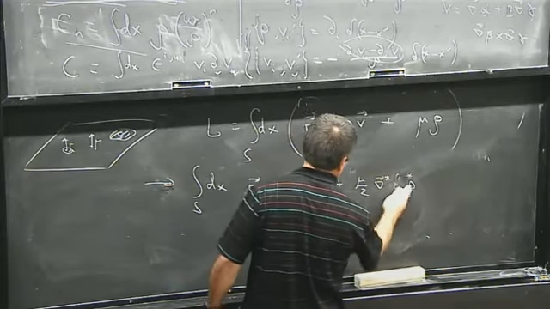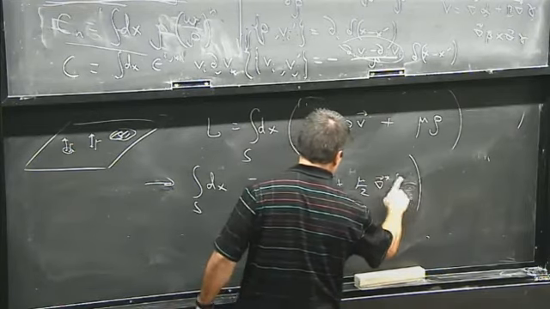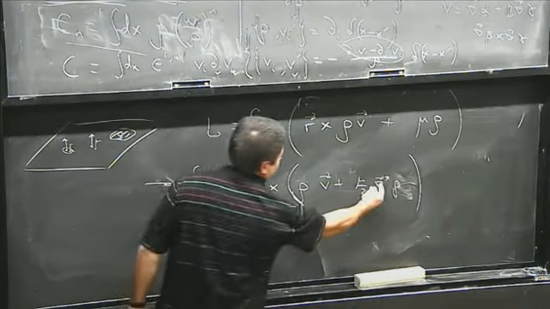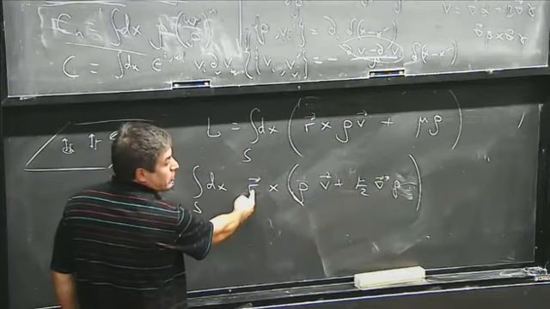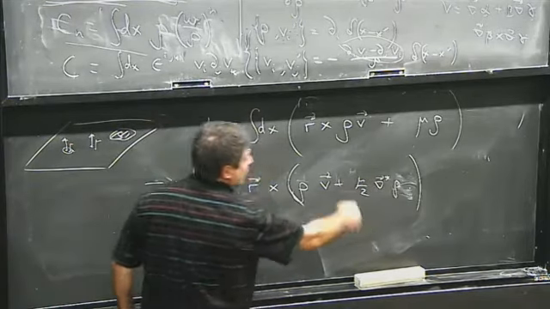Well, let me throw here in parentheses. Okay. If you integrate by parts, you get the divergence of R, which is 2, then this 2 cancels that 2, and you have mu times rho, which is the original rho.